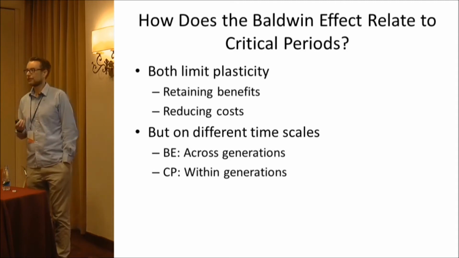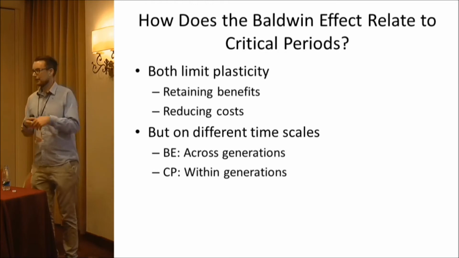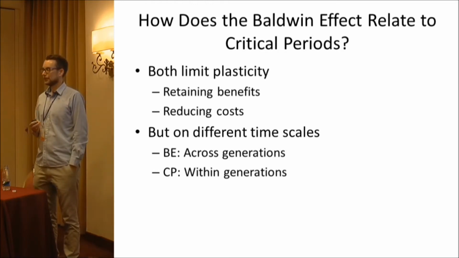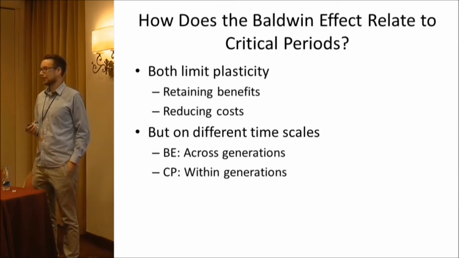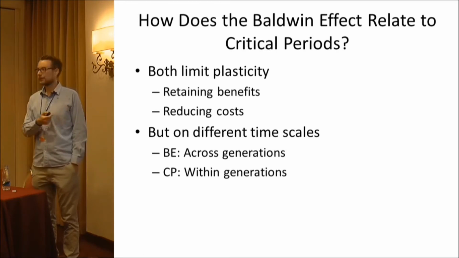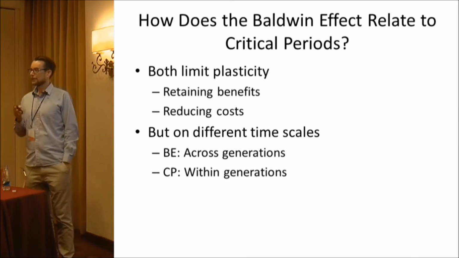In the case of sensitive periods, they limit the plasticity by putting plasticity or learning only in the time of life when it's most needed and staying stable outside it. In the case of the Baldwin effect, they reduce plasticity by removing plasticity completely for a behavior and encoding it into the genotype. And this, of course, has the effect of retaining the benefits of being plastic while reducing the cost. But they're not studied together often.